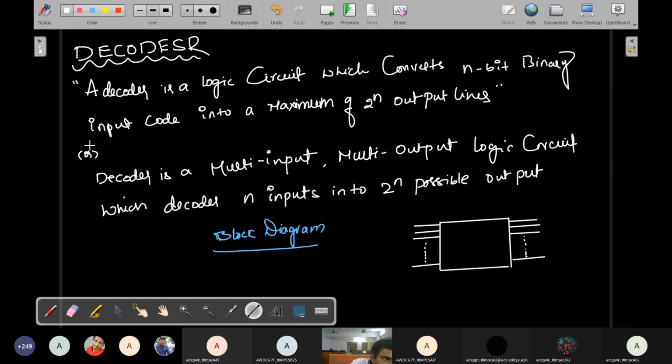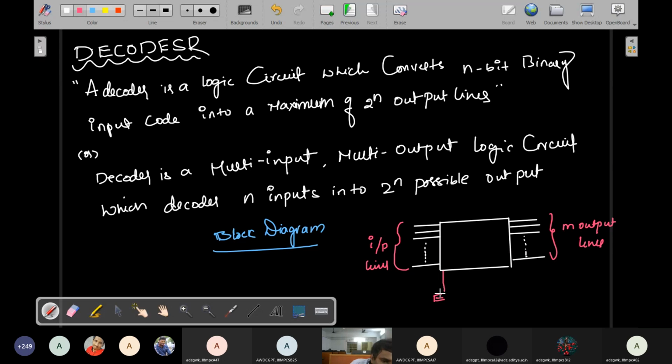These are the n input lines, and these are called the m output lines. We also have one enable. You draw this enable like this; it is called the enable terminal.